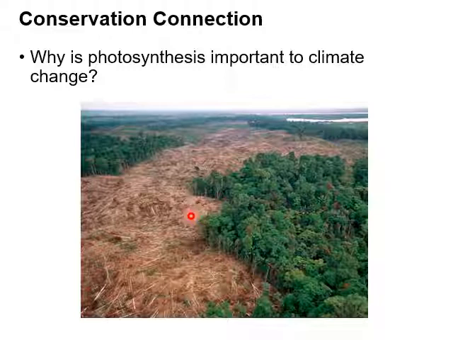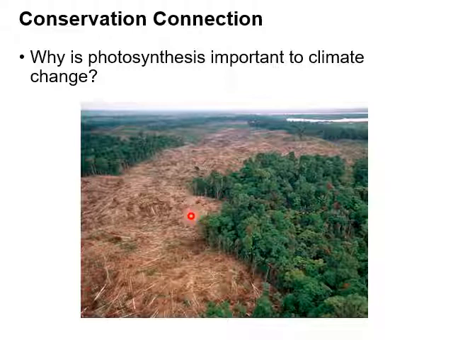So the carbon cycle relates to climate change, as does photosynthesis. But there's another reason why photosynthesis relates to climate change. Think about what plants are doing. What do plants take in from the atmosphere in order to make the Calvin cycle go? They're taking in carbon dioxide.